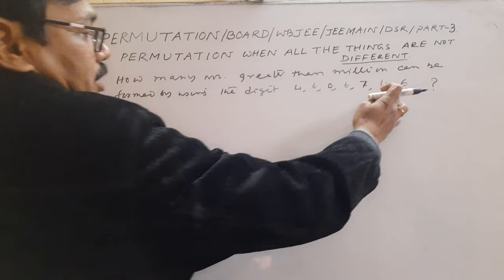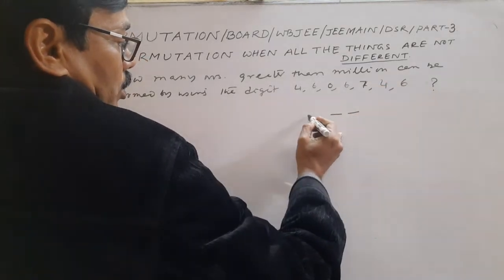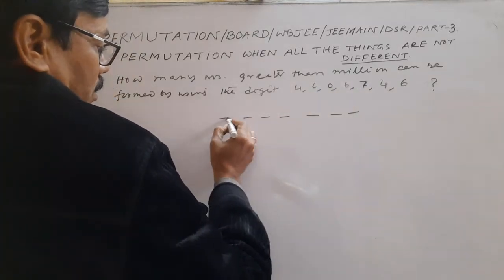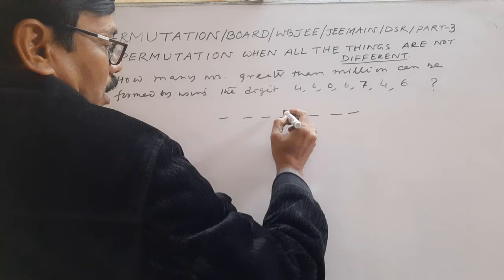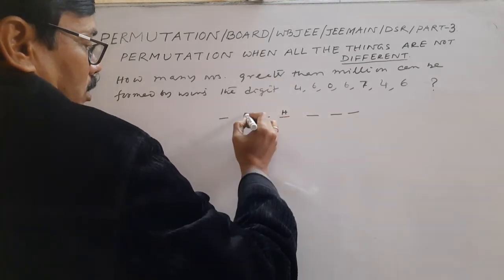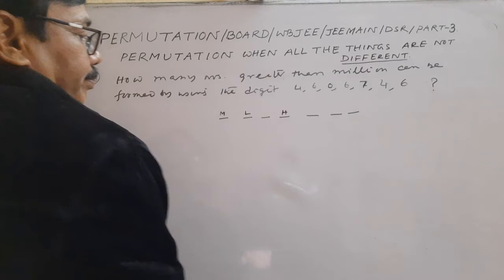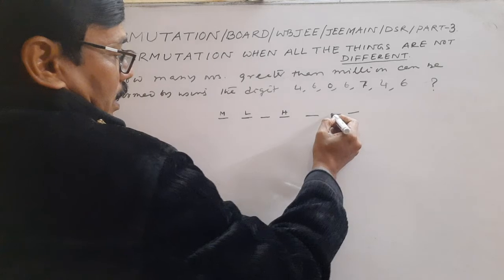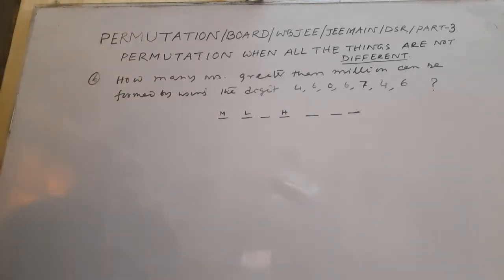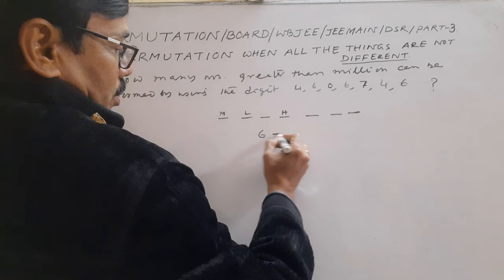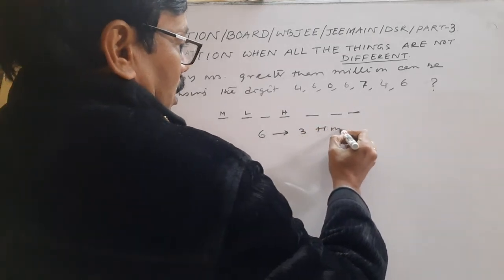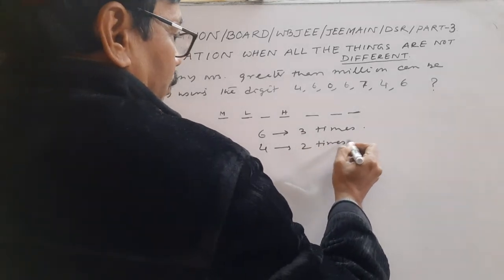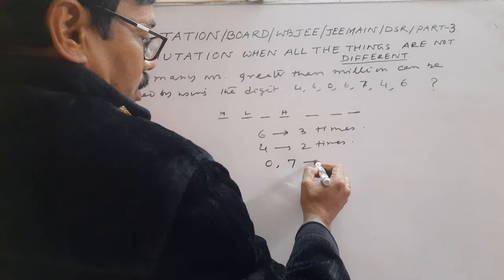By using these digits, so 1, 2, 3, 4, 5, 6, 7: unit, tens, hundreds, thousands, ten thousands, lakh, this is million. So how many gaps? 7 gaps. 6 occurs 3 times, 4 occurs 2 times, 0 and 7 occur 1 time each.